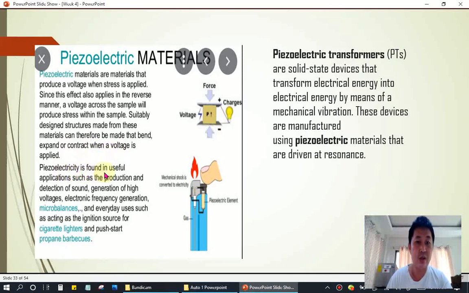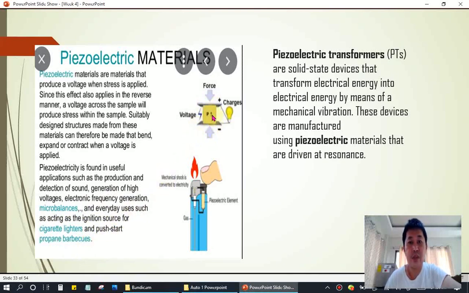Piezoelectricity is useful for applications such as the production and detection of sound, generation of high voltages, electronic frequency generation, microbalances, and everyday uses such as acting as the ignition source of cigarette lighters and push start propane barbecues.